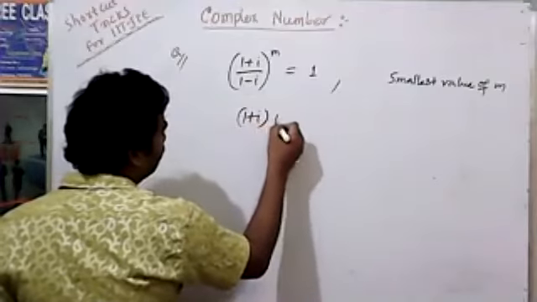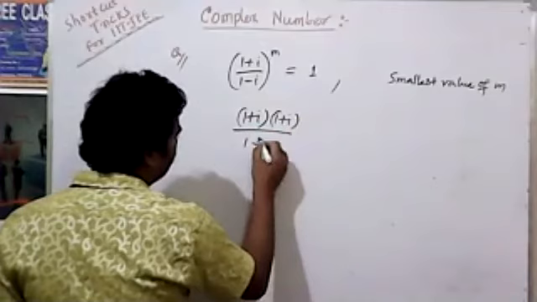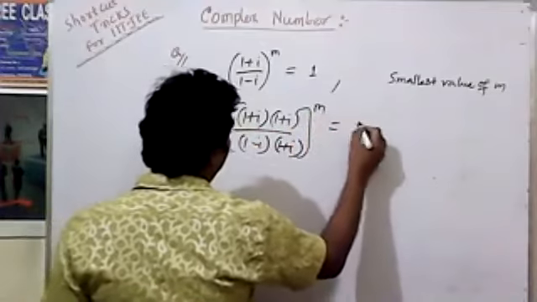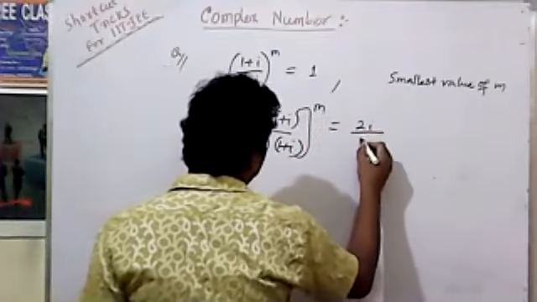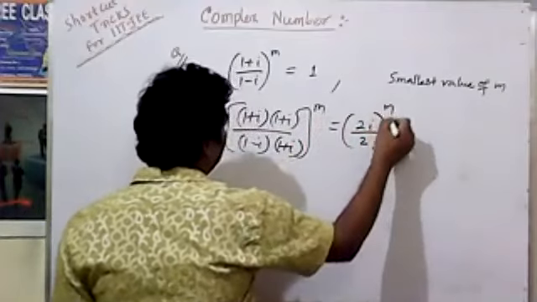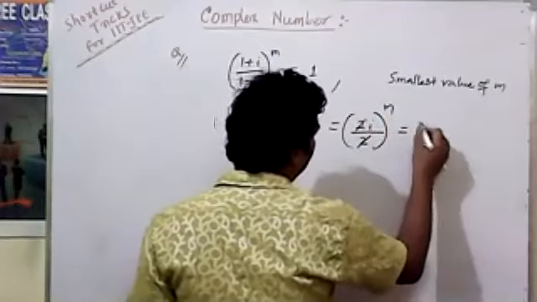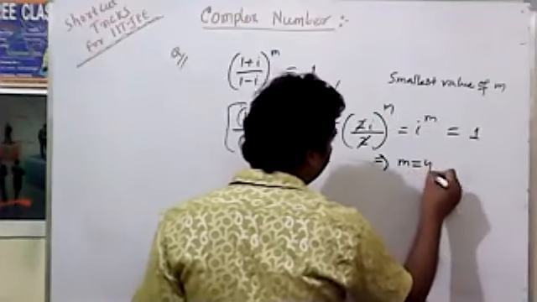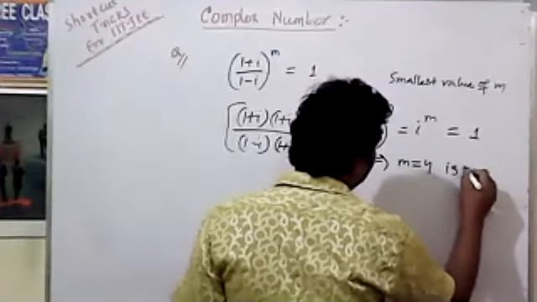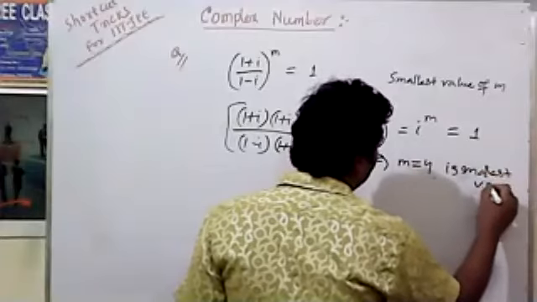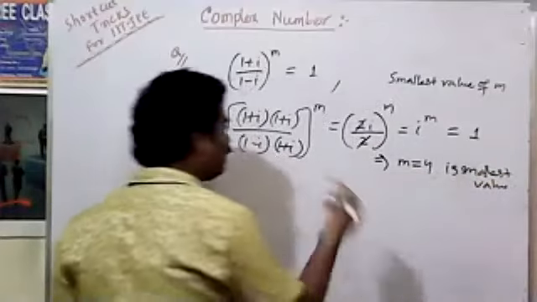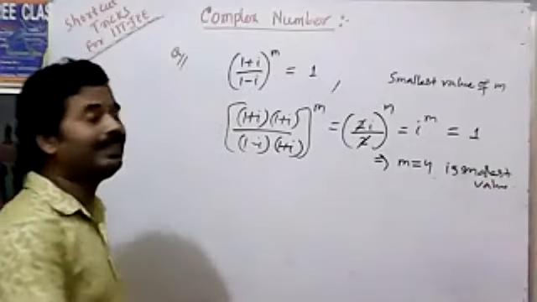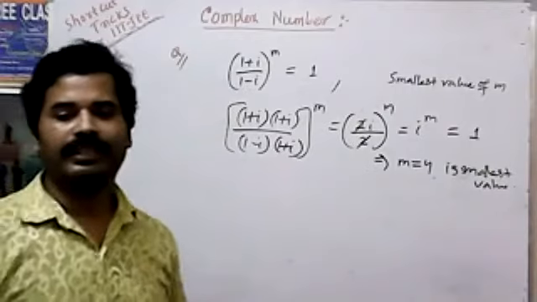Conjugate multiplication: 1 minus i into 1 plus i. The value comes 2i divided by 2, to the power m, which is i to the power m, equal to 1, so m is equal to 4 is the smallest value. m can be more than 4 also, but 4 is the least value.